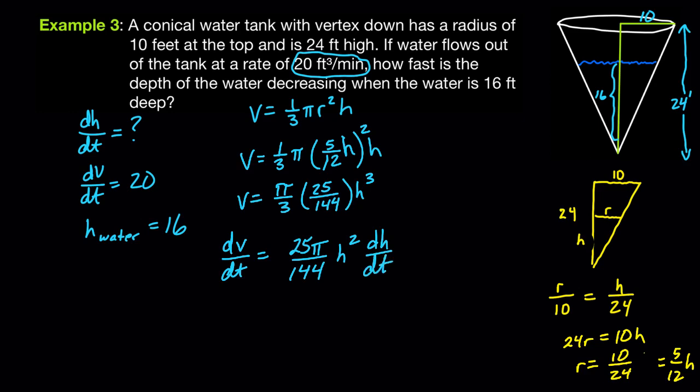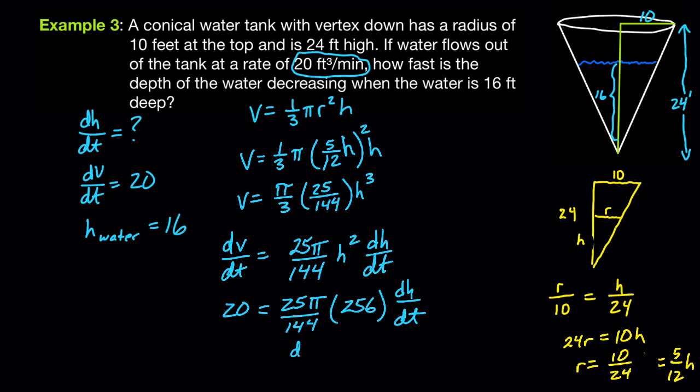All right, well, we know some values here. We know dV/dt is 20, equals 25 pi over 144. We know the height of the water is 16. So 16 squared is 256 times dh/dt.